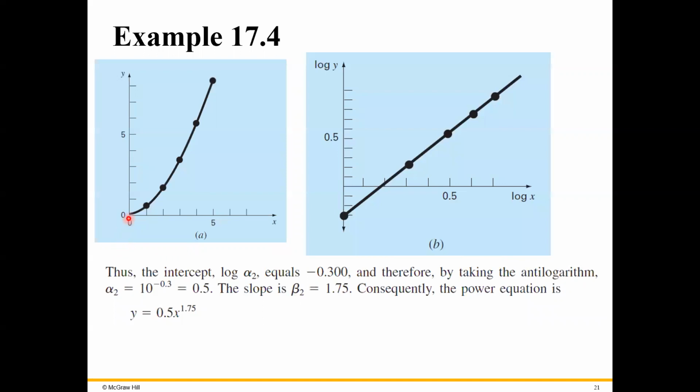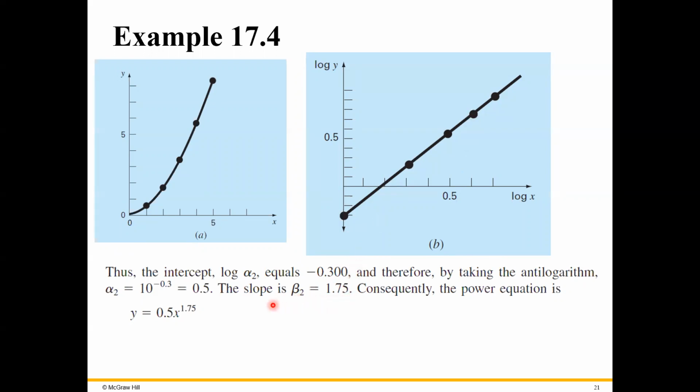Here you can see that in the untransformed case, X and Y, the plot looks like this. In the transformed state, when we plot the log of X versus the log of Y, it results in this straight line. For this straight line, the y-intercept is minus 0.3, and the slope of this line is 1.75.